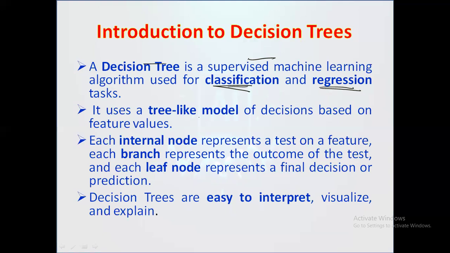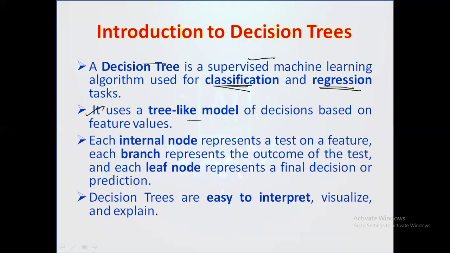Decision trees fall under the supervised learning techniques, meaning they require labeled data to train the model, and they can handle both classification problems, where the goal is to assign labels, and regression problems, where the goal is to predict continuous values. This makes them widely applicable in many domains.